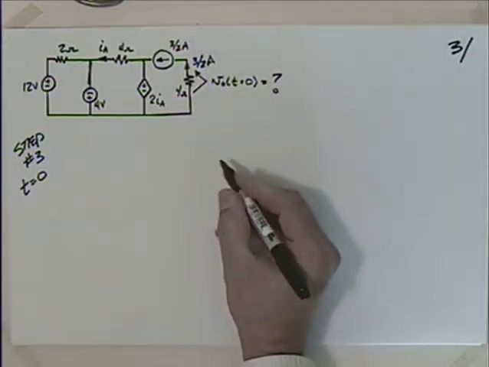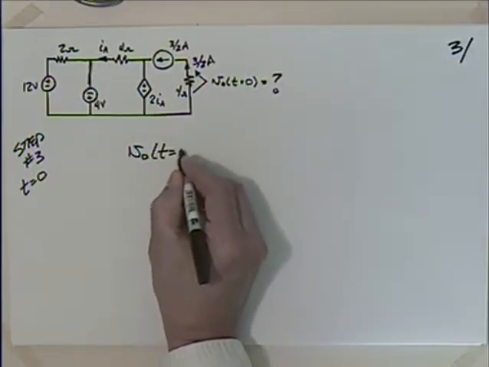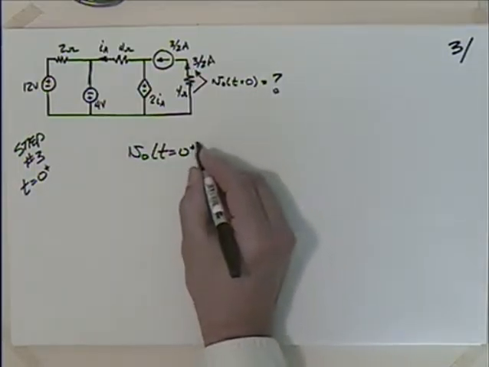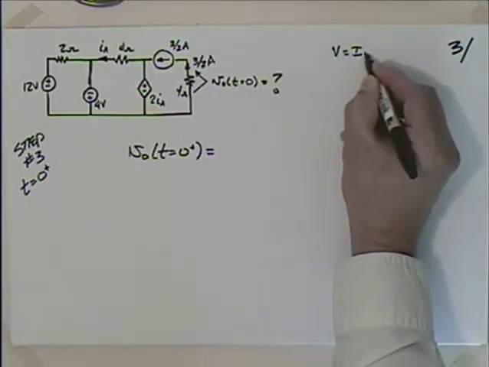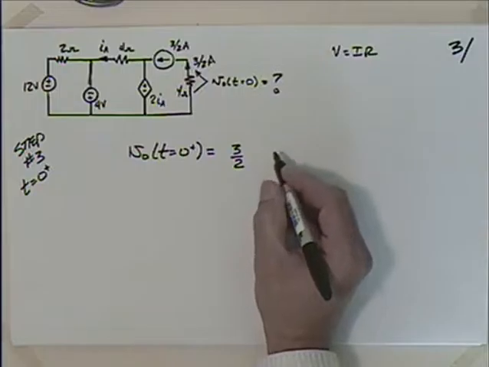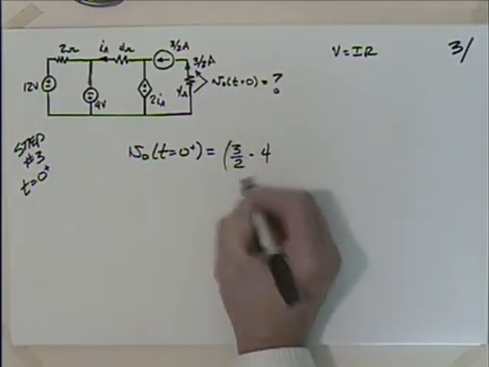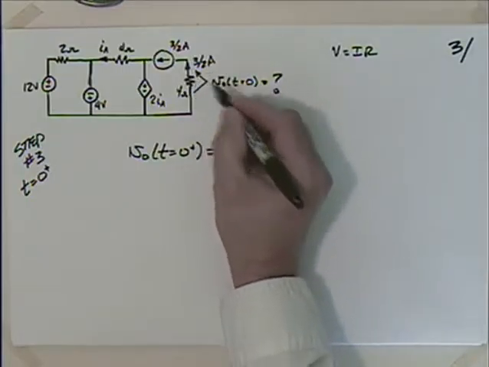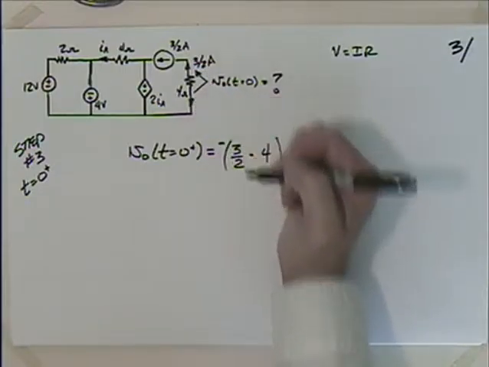So I could say then that V_0 at t equals 0, or you could say 0 plus if you wanted to, is going to be equal to, well, V is equal to IR, isn't it? So I've got the current 3/2, and then I have 4 ohms, and this is negative again because if I've got the voltage going this direction, Ohm's law said the current would have to go this way, wouldn't it?